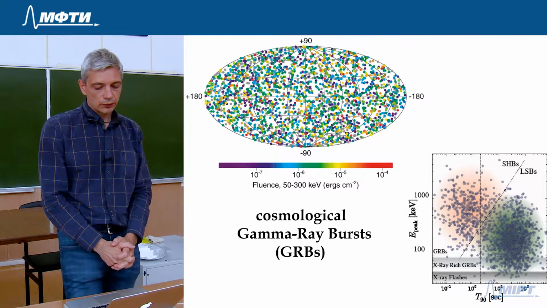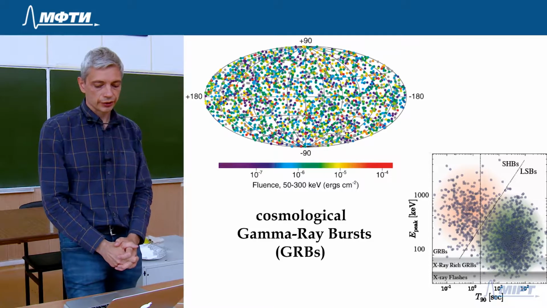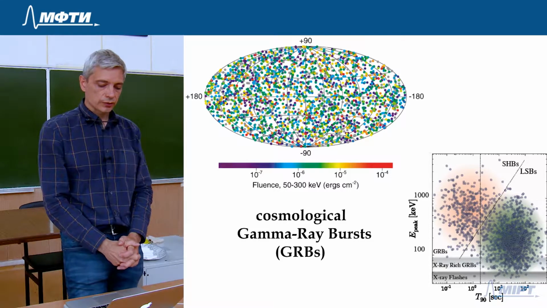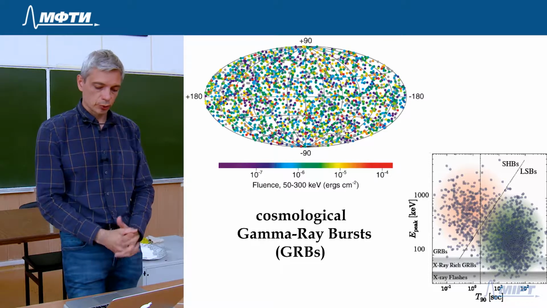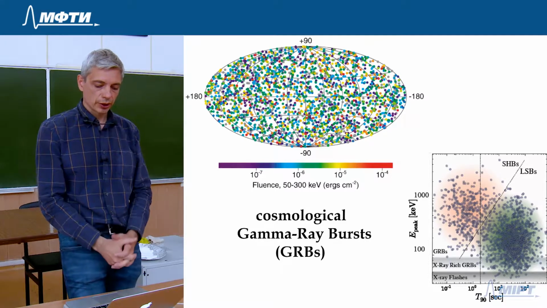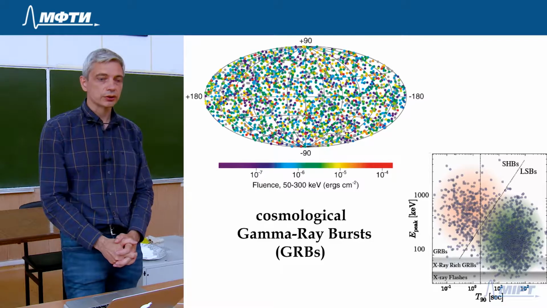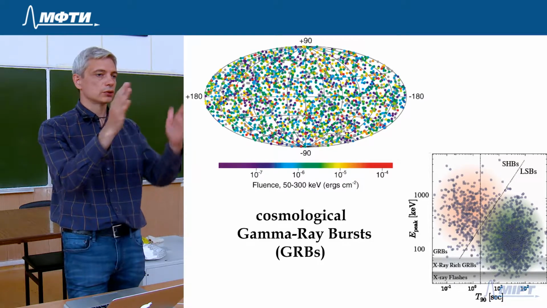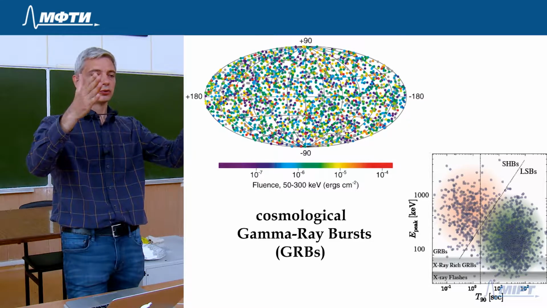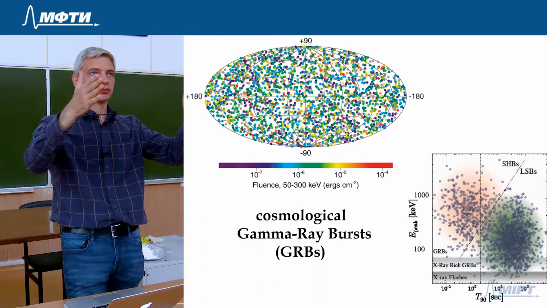And what this diagram on the right at the bottom shows is that each dot there is a burst. You see many bursts there, and they're shown on the plane of duration. T90 is just a measure of duration, the time window during which 90% of the burst is received.